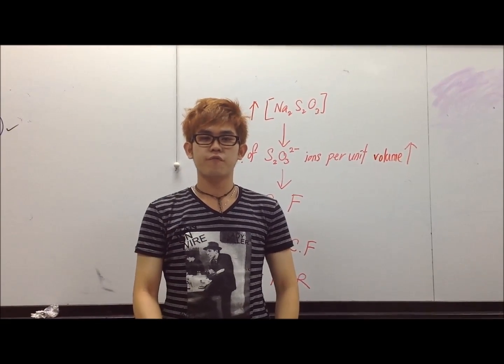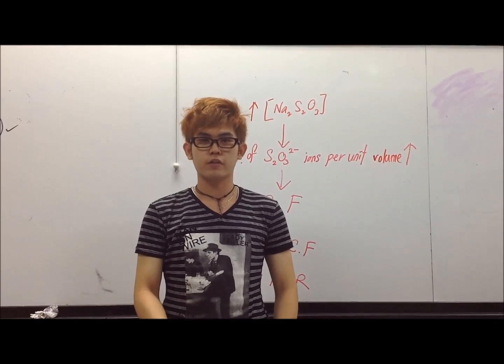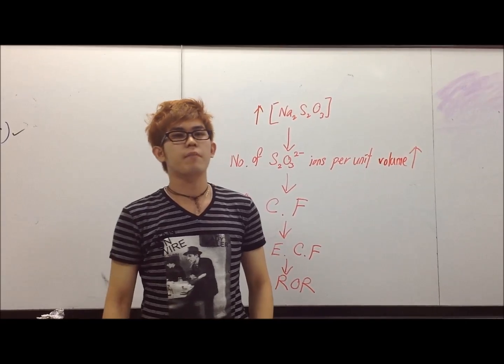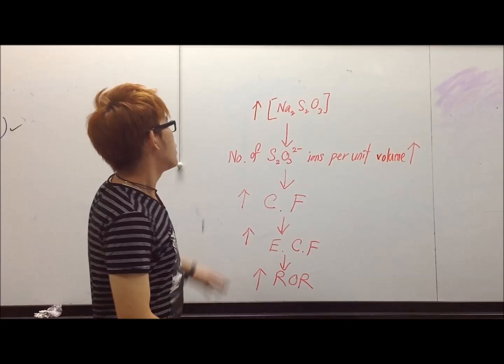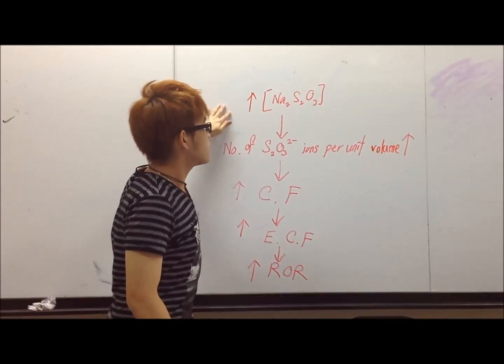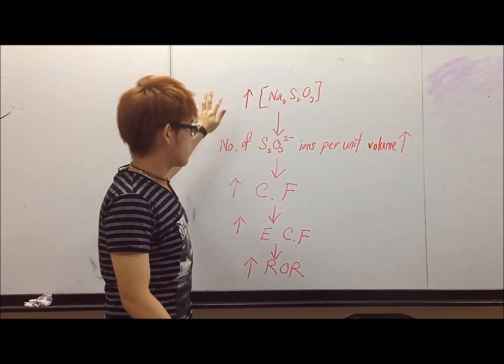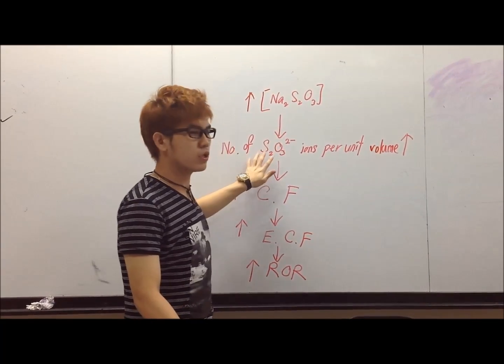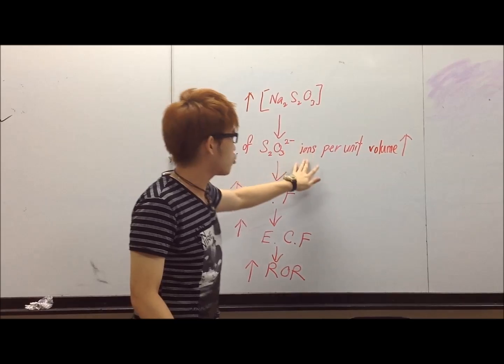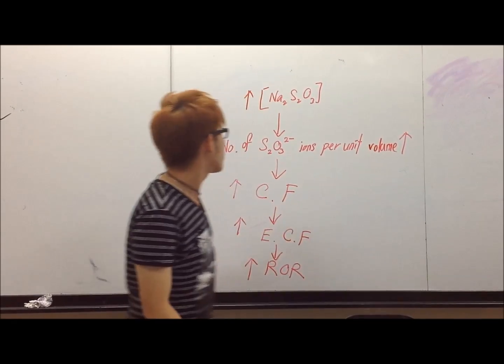Actually, the effect of the concentration of reactant on the rate of reaction can be explained by collision theory. An increase in the concentration of sodium thiosulfate solution will increase the number of thiosulfate ions per unit volume.